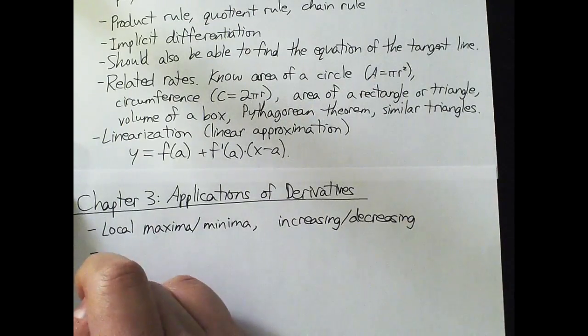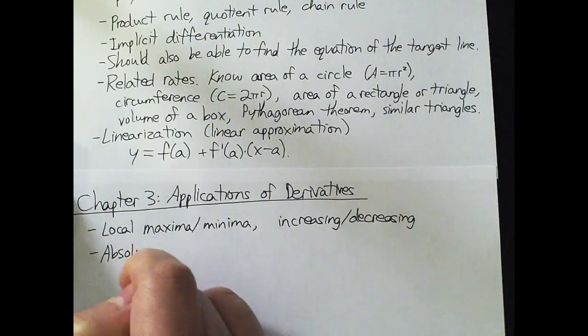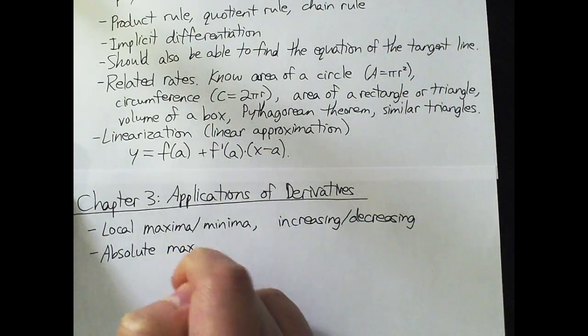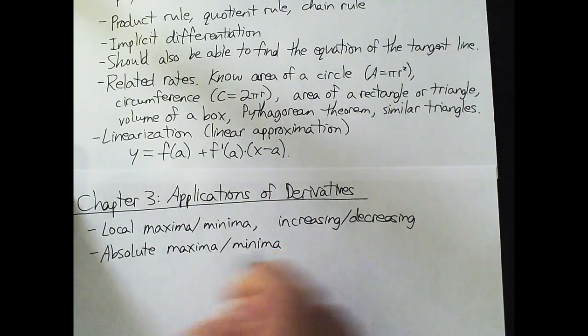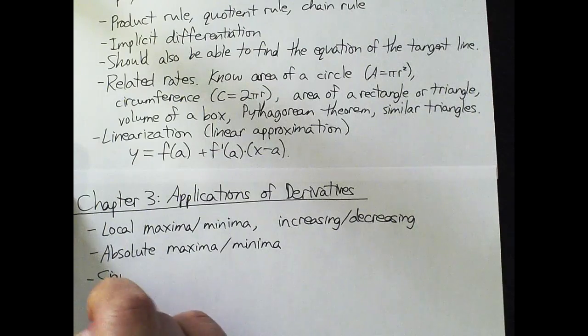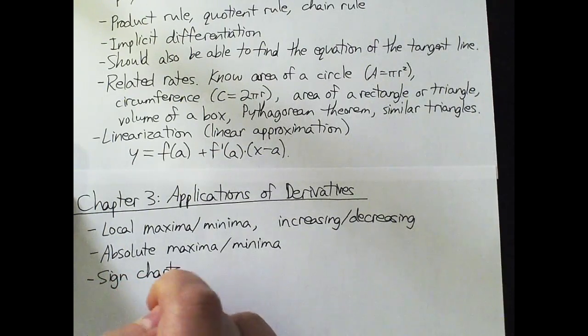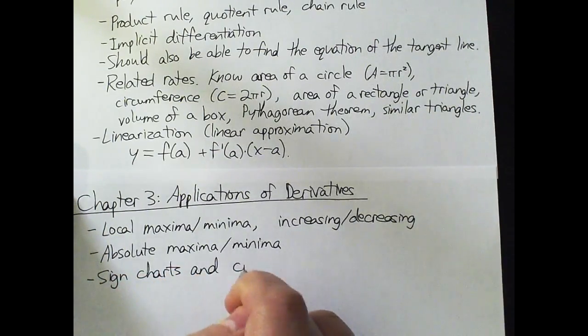We also talked about absolute maxima, minima. Something that goes along with all of this is that we did these using sign charts and critical points, so you should know what those mean.